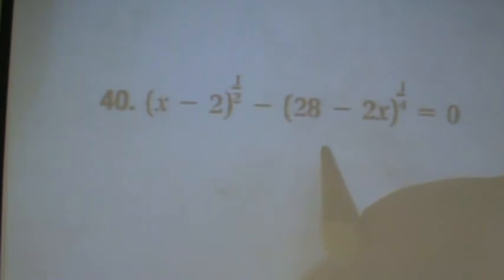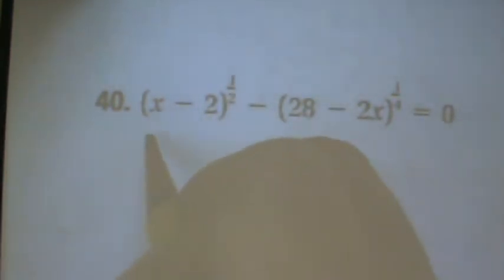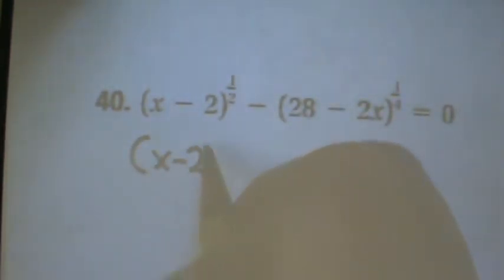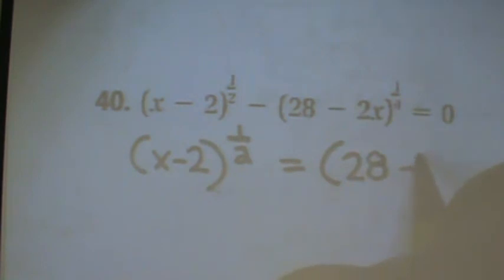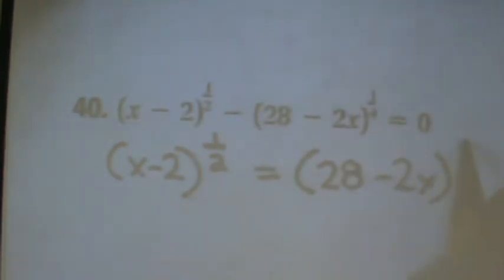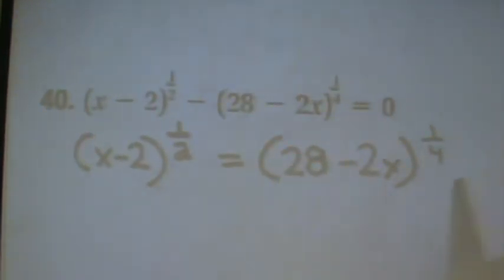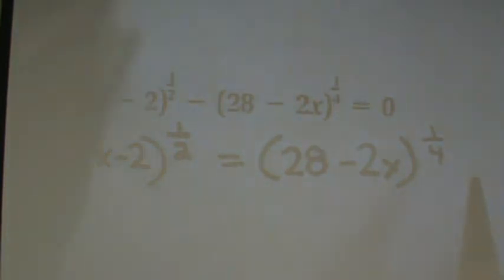For 40? You know what? I think that might be 1/4. Okay, so what are we gonna do on this one? We can figure this out. So we're gonna bring x minus 2, make this 1/2, and we're gonna make this 28 minus 2x to the 1/4. So now, what's the bigger denominator? 4.